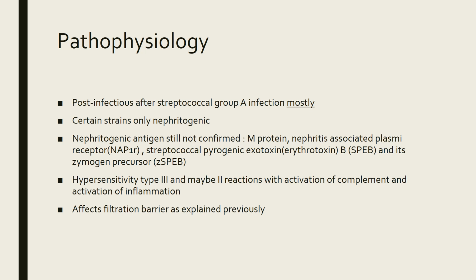Whatever the case, whether it's a type 2 or a type 3, the point is we end up with these antigen-antibody complexes in there, and again, they lead to in situ activation of local complement.